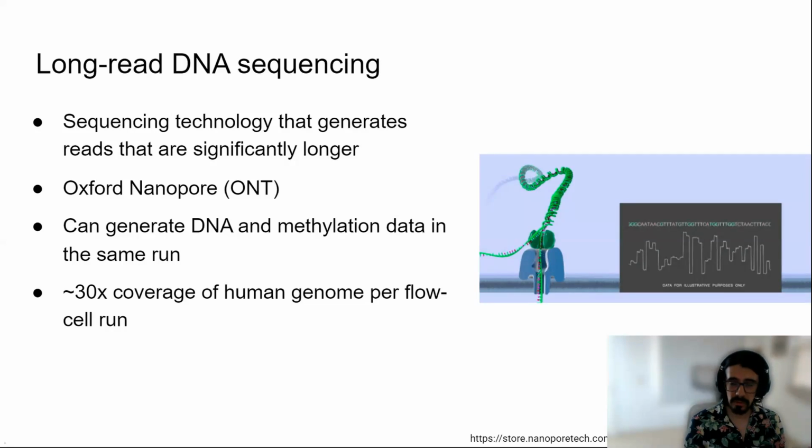In some cases, for example with Oxford Nanopore technologies, ultra-long reads can span up to 1 MB or more. Not only that, but we can generate both the DNA and the methylation data in a single run, and we roughly get 30x human genome coverage per run. And this 30x coverage is very good to detect all types of somatic mutations.